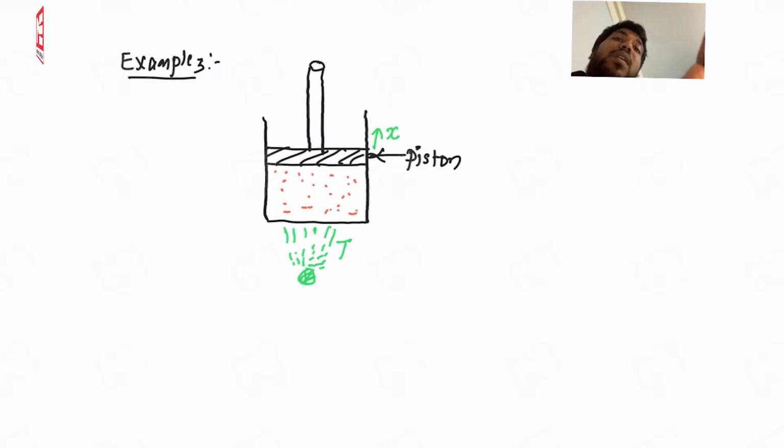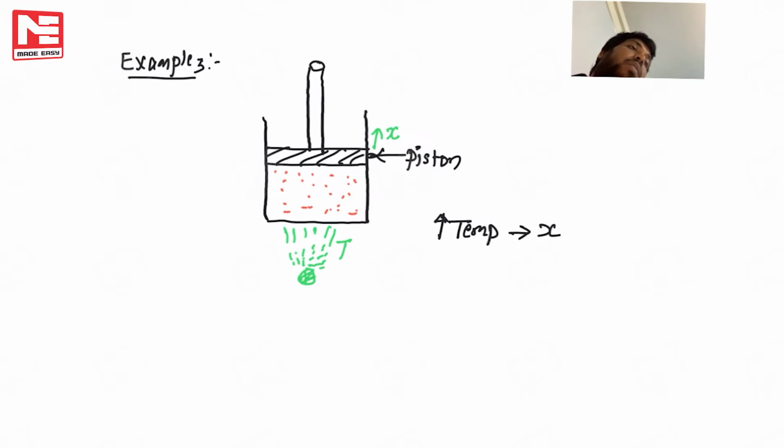Even in this case, if you carefully observe, the temperature is converted into the displacement of the piston again. If we increase the temperature above room temperature, the displacement of the piston also increases. So in all the examples, temperature is converted into displacement.